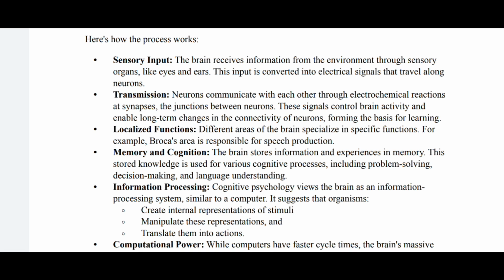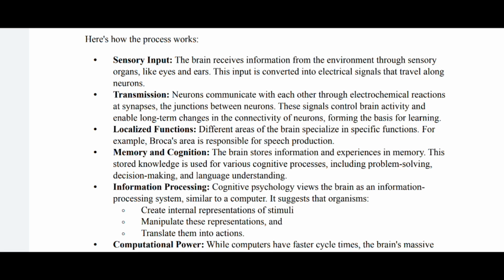Transmission is mainly focused on neurons and controls brain activity. It enables long-term changes in the connectivity of neurons, which forms the basis of learning.